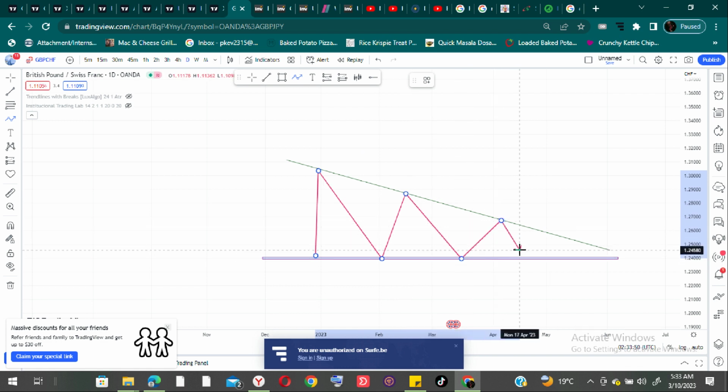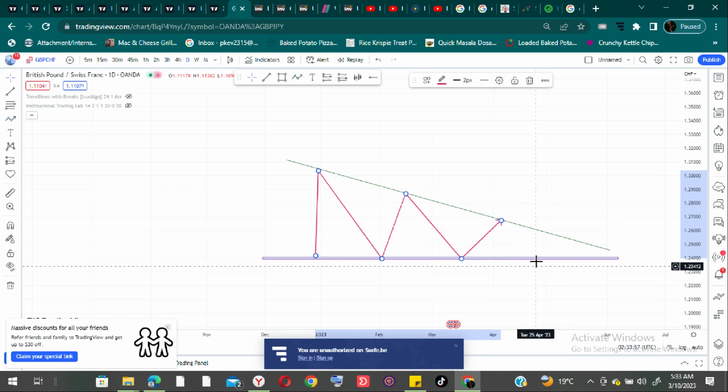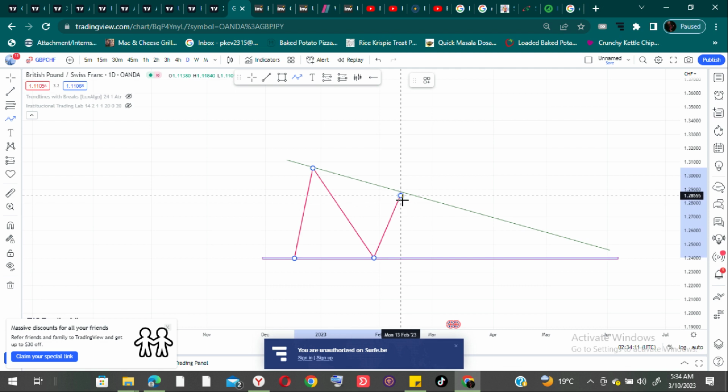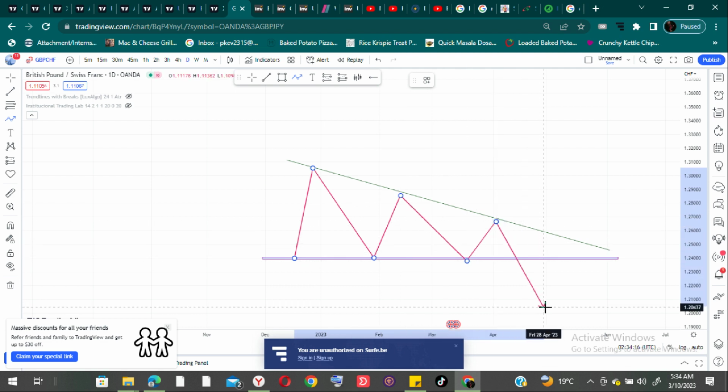For me, what I expect in this market at the moment, GBPCHF, is that I'll be looking for a breakout to the downside before it can actually proceed to the upside.